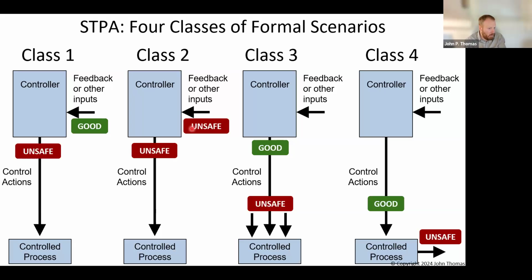And we may do more than that. We may also look inside the controller and other things. But at a minimum, why was the feedback messed up? In class 1, we're not so interested in why the feedback was unsafe, because we had at least some good feedback. Class 1 can involve some feedback things, and class 2 can involve some controller things. We'll flesh that out later. But this is the essence of the classes.